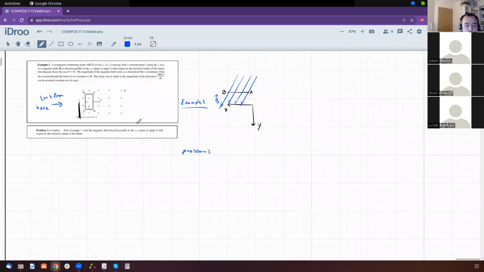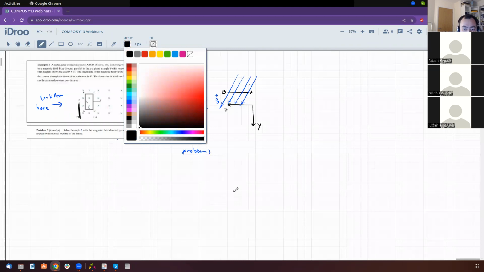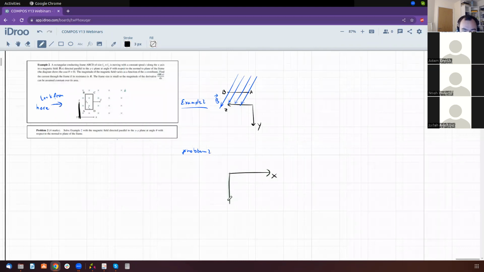So let's say if we draw the X direction and the Y direction, then this would be A and D. So we're looking at it from here. And the magnetic field is this way.